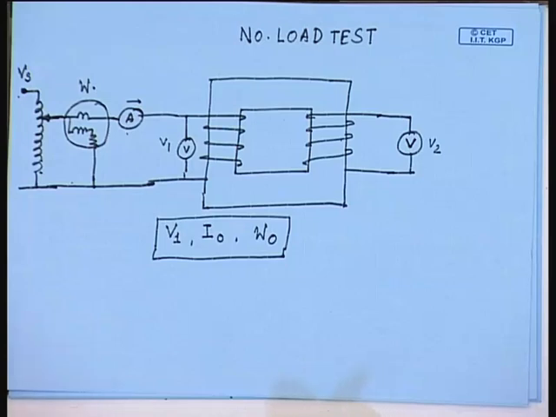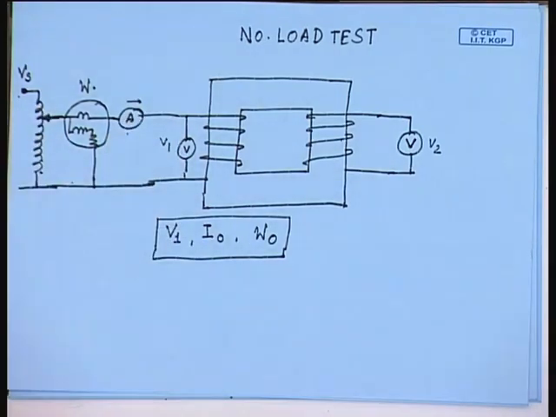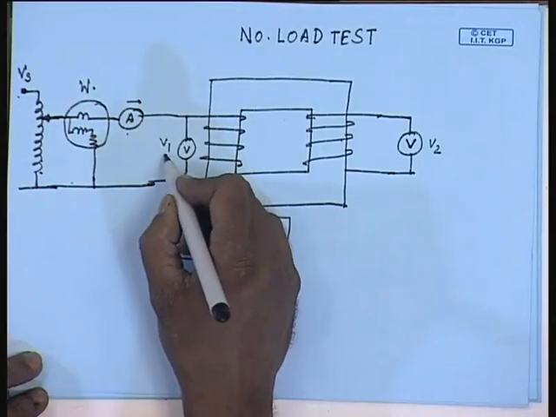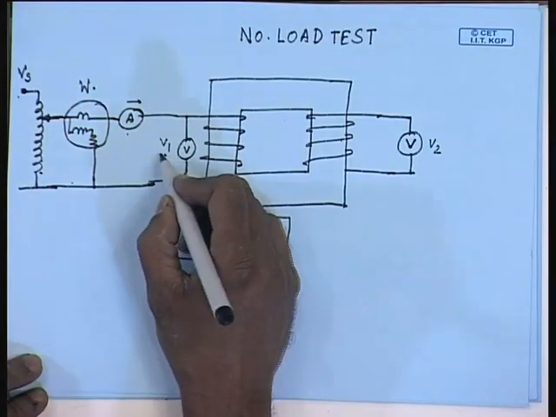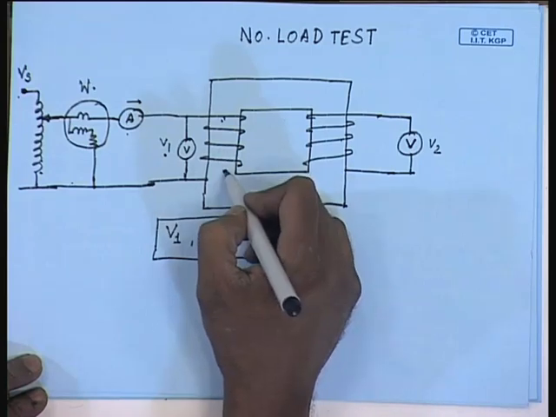The supply can be given to either side of the transformer, and the per unit parameters determined will be the same. However, there are some practical limitations. For example, this test is to be performed by applying the rated voltage of the side, that is, V1 should read the rated voltage of the transformer on this side.